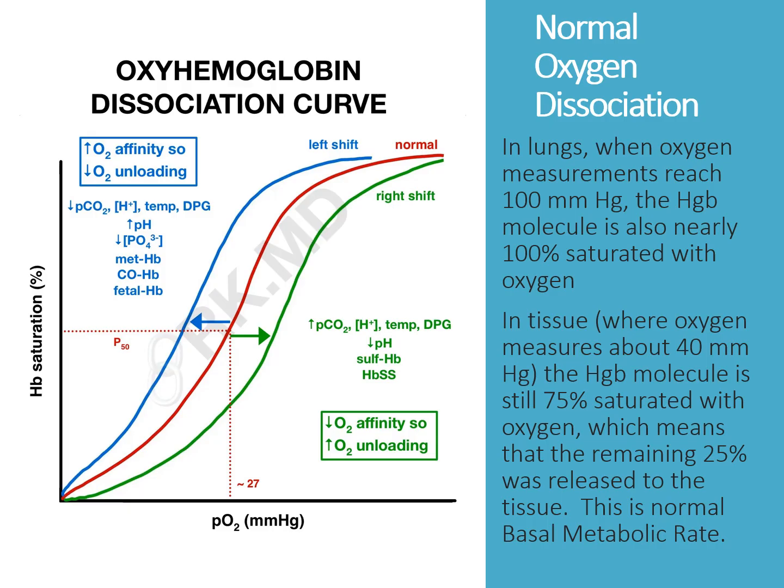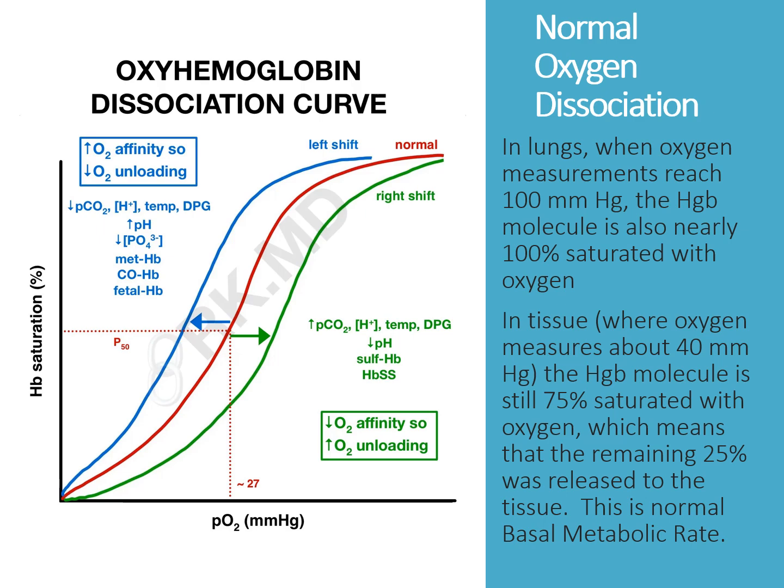They can't bind or offload appropriately. So what we're going to see is an increased need, but a decreased affinity, and therefore an increased unload, or offload, of those oxygen molecules from the hemoglobin complex.